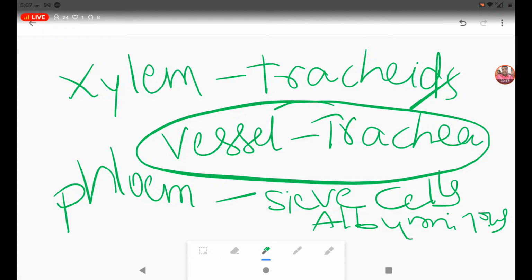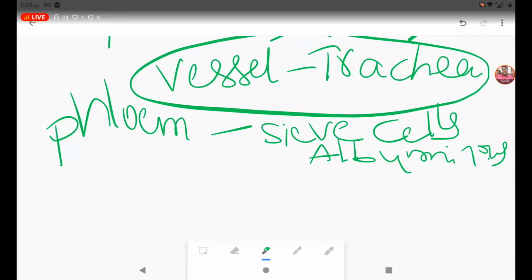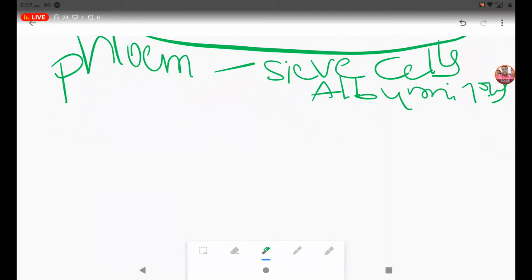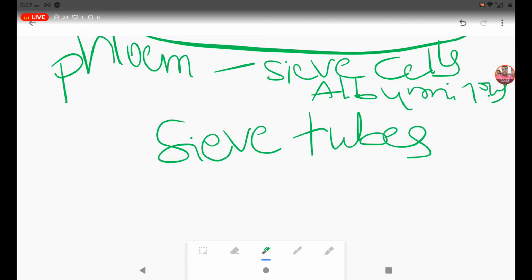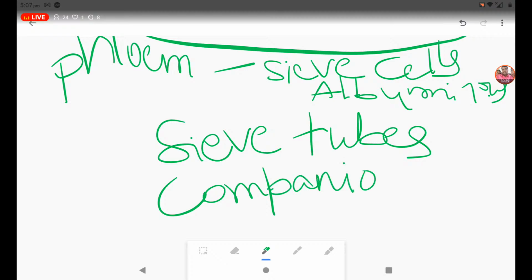And if we take angiosperms, in place of sieve cells, sieve tubes are present, and sieve tubes and companion cells are present only in angiosperms. Last time repeating: sieve cells and albuminous cells are present in pteridophyta and gymnosperms, and in angiosperms, sieve tubes and companion cells are present. So we got this.